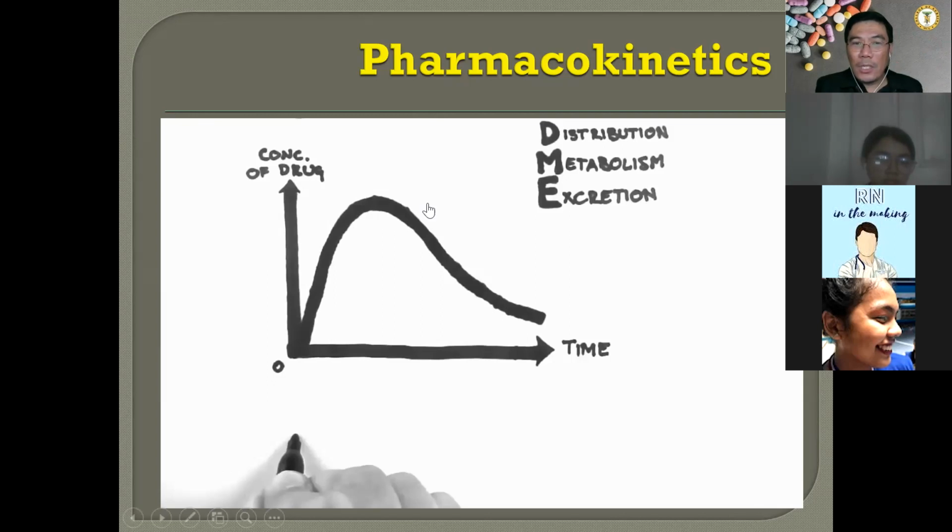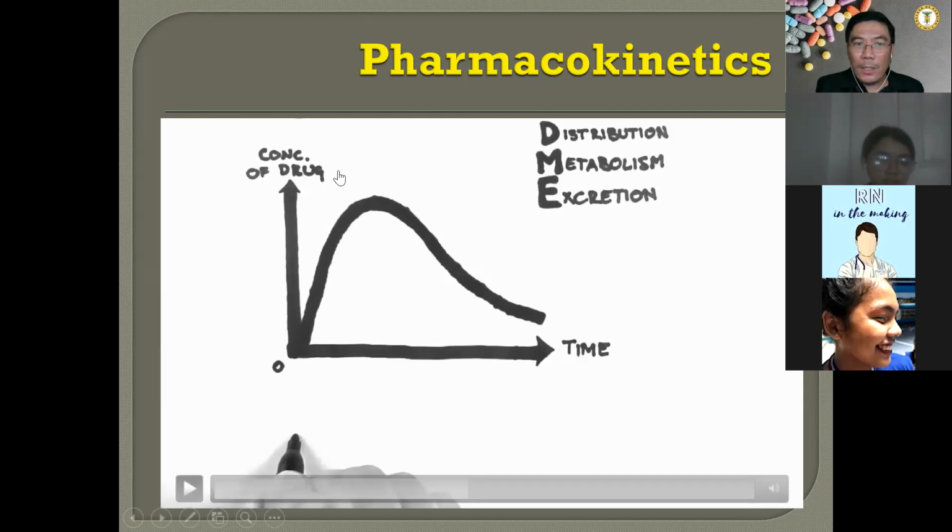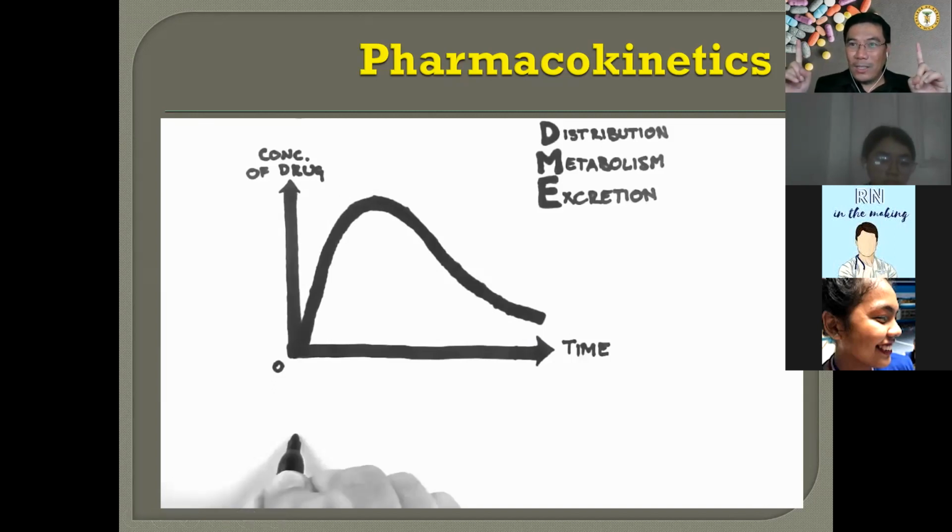And if you wonder why the graph goes down after it reaches the highest concentration, it is because, as I told you, not all of the 100% is needed by your body. Why?